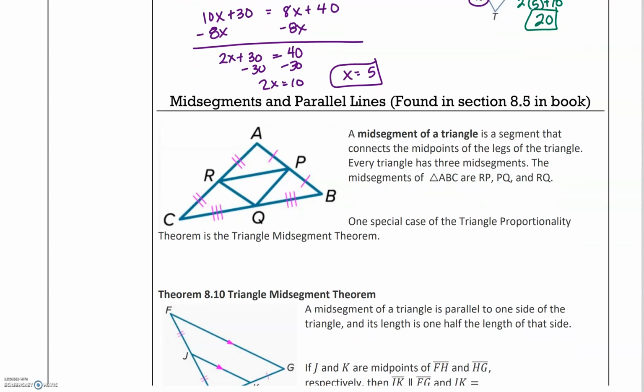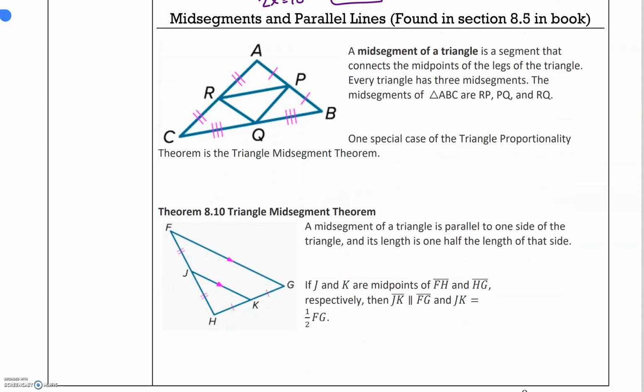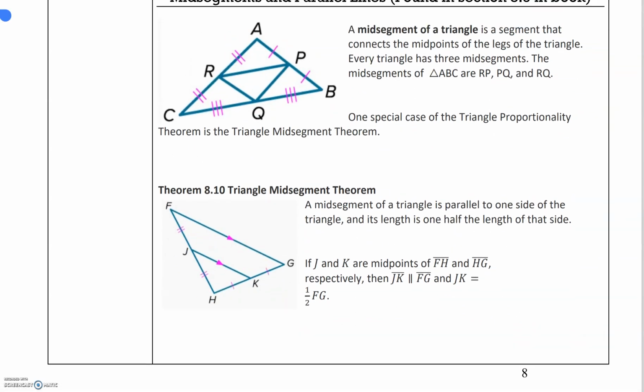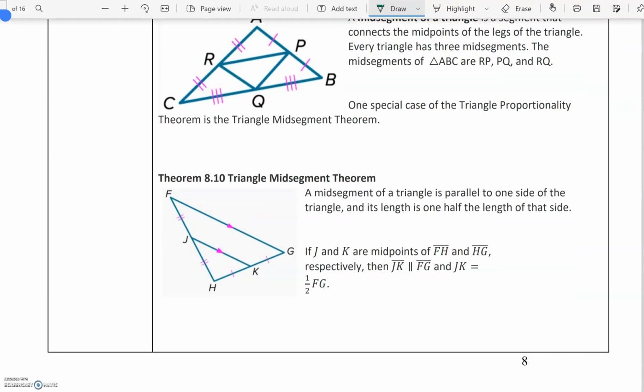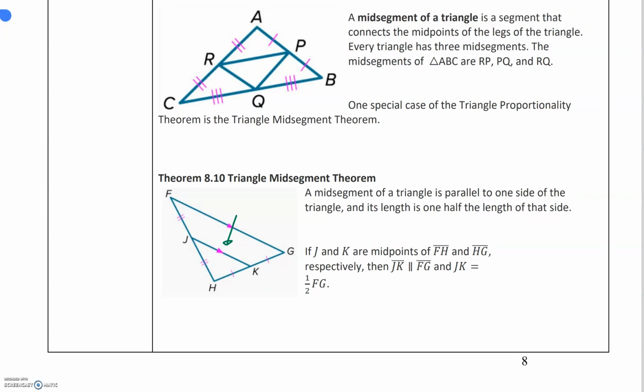So mid-segment is actually in 8.5, but we're going to go ahead and talk about it now since this one's a little bit of a shorter unit. But mid-segment, basically FG, if we cut it in half, we would get JK. It's mid-segment. And vice versa, if we wanted to go this direction, we would just double JK to get FG.